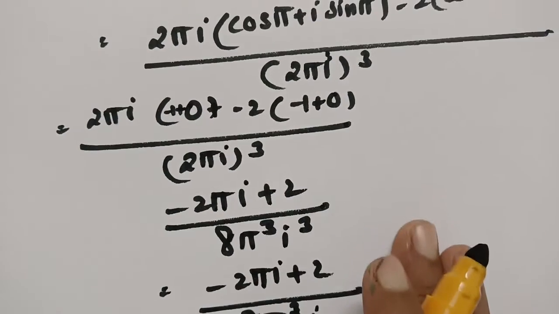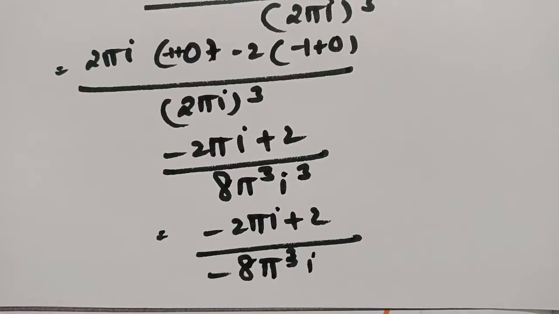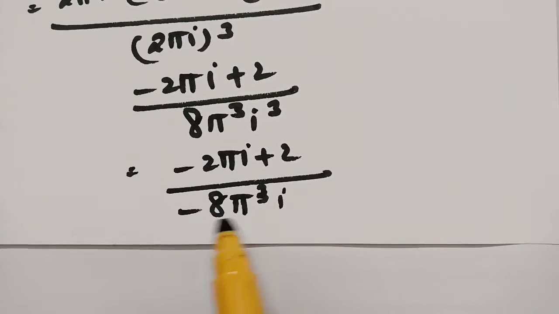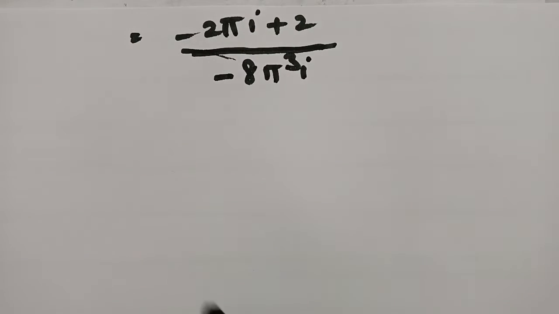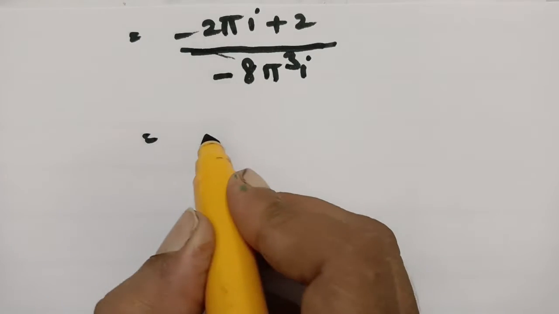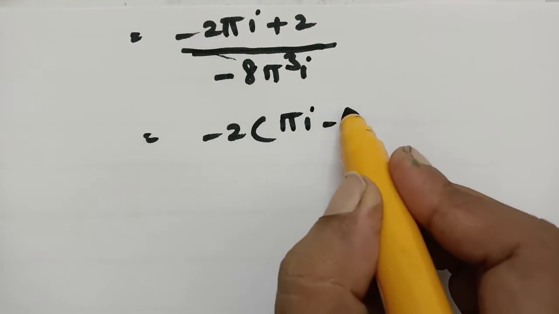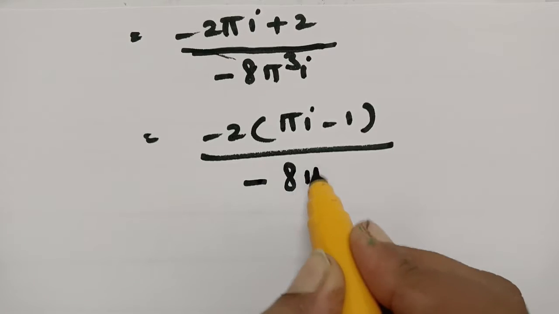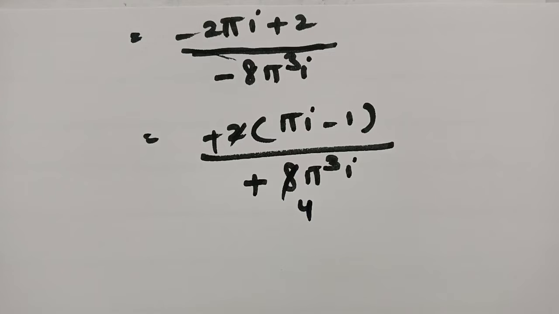So if I take minus common and cancel, see what happens. If I take minus 2 common, this will be pi i minus 1 by minus 8 pi cube into i. So I can cancel this one and 4 also.